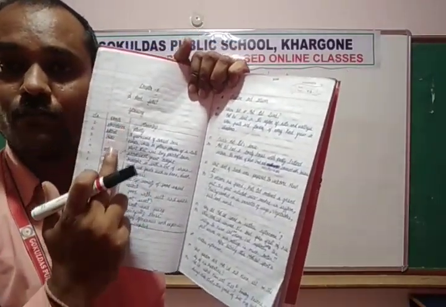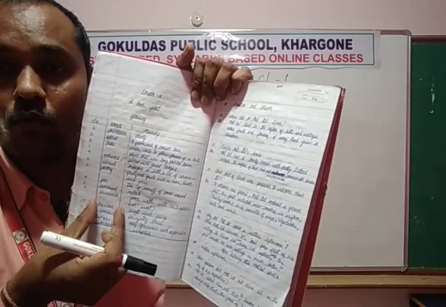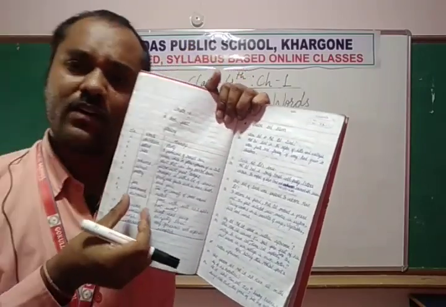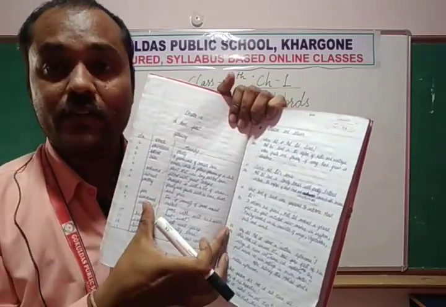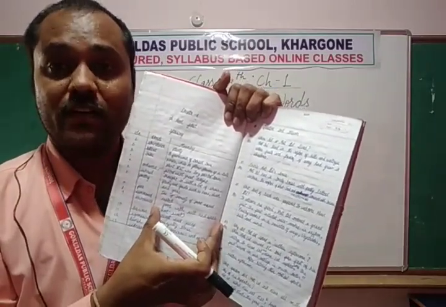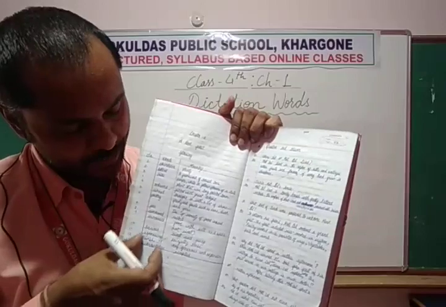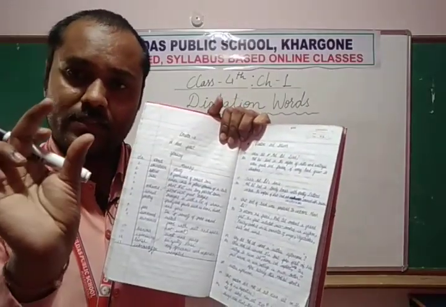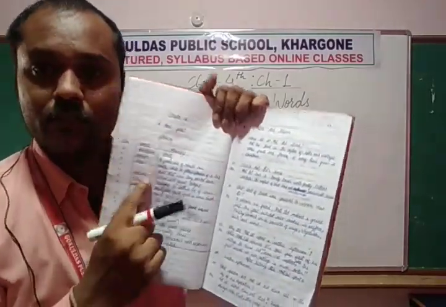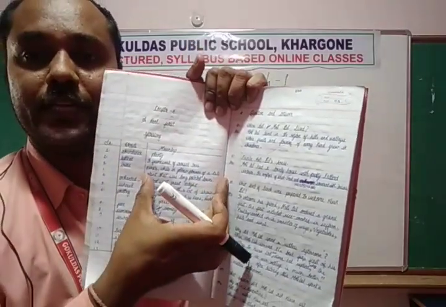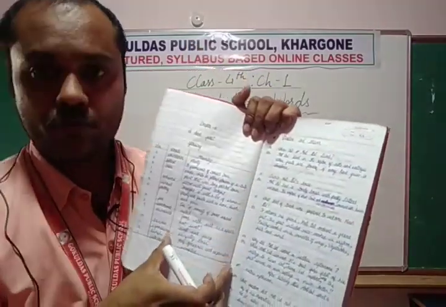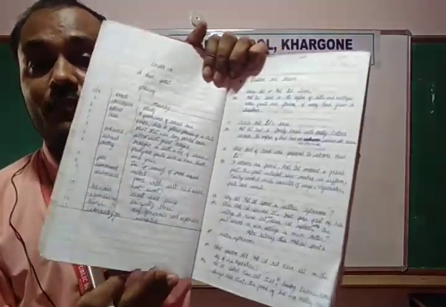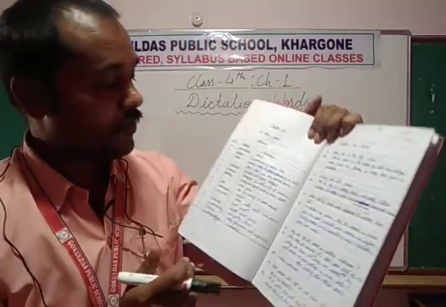Then the second column, which is smaller, for the words, because words are very small in size, but the meanings are very long, na? So that's why we provide less space for the words column, but for the meanings we need more space. So you need to draw the same table like this.